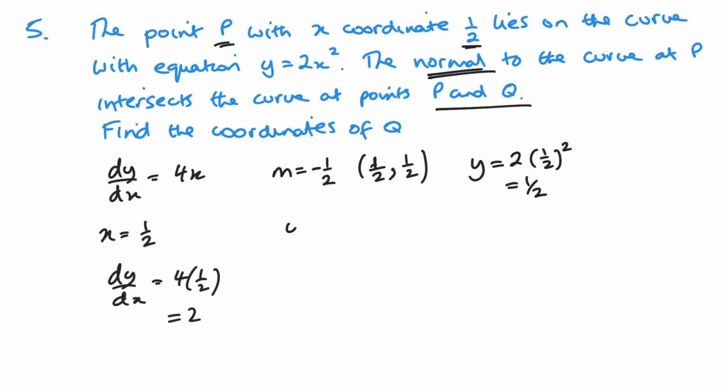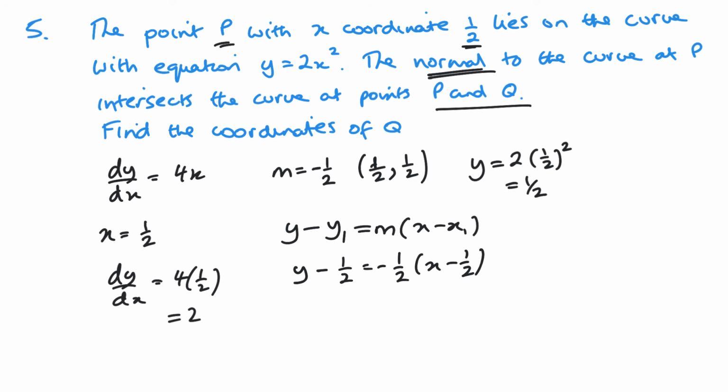So the equation of the normal is y minus y1 equals m(x minus x1). So we have y minus a half equals minus a half (x minus a half). Now again, I'm going to keep this in the form y equals mx plus c. And the reason for that is that I'm going to need to equate it with this one later.